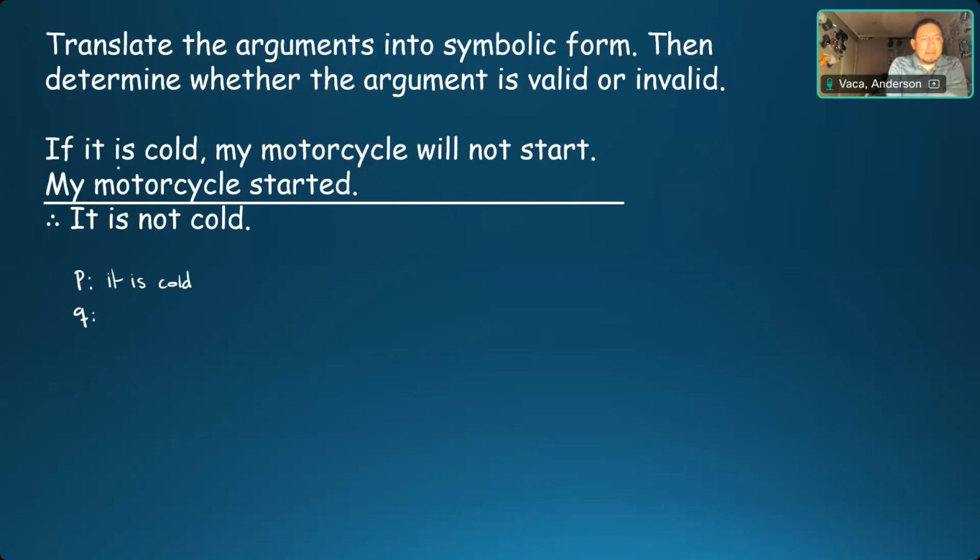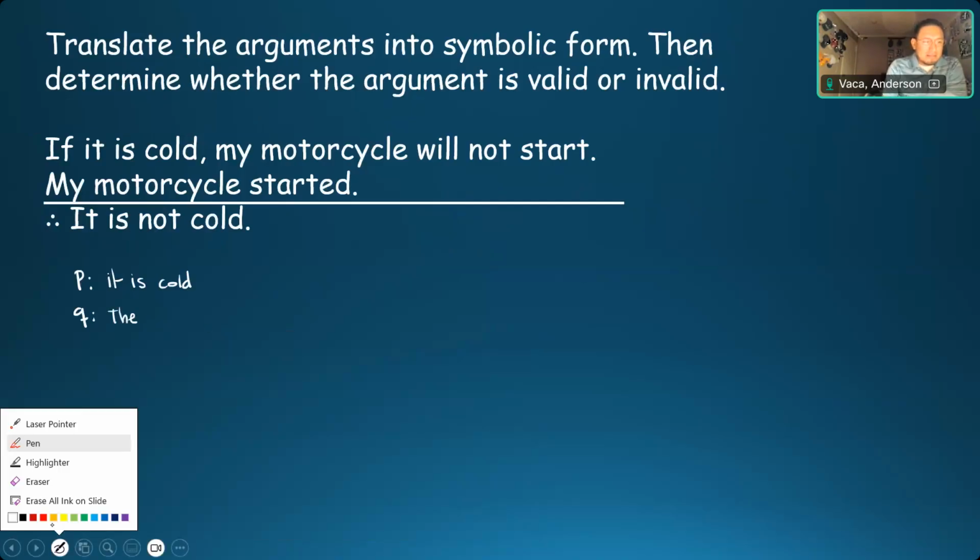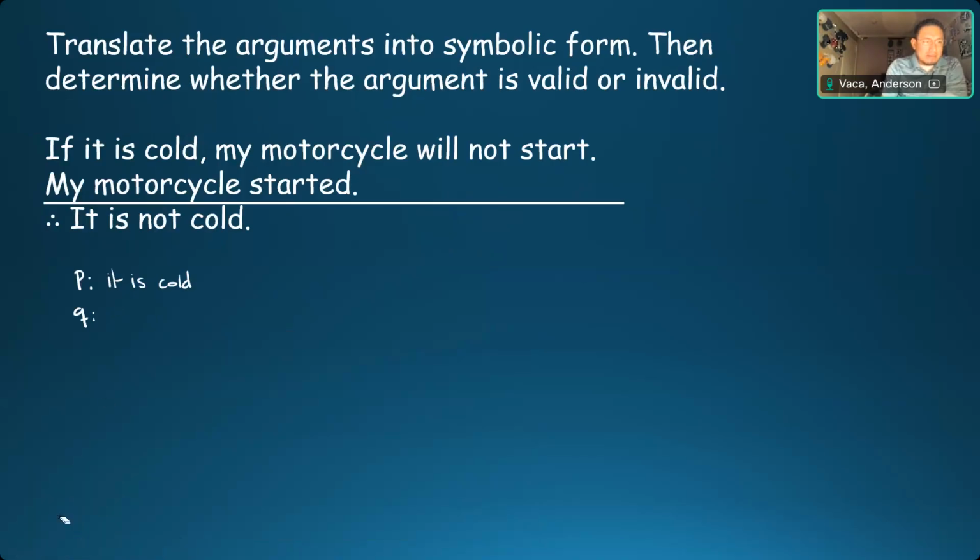As I read the argument, I'm going one simple statement at a time. My motorcycle will not start. I guess I could have said my motorcycle, right? So let's erase that and write my motorcycle.